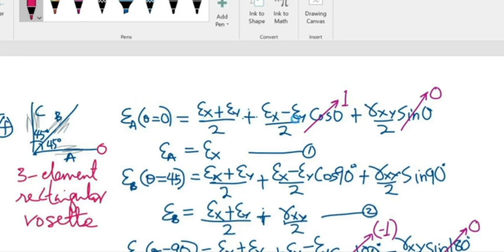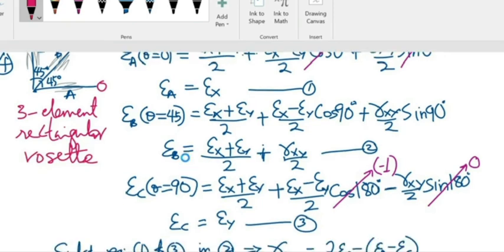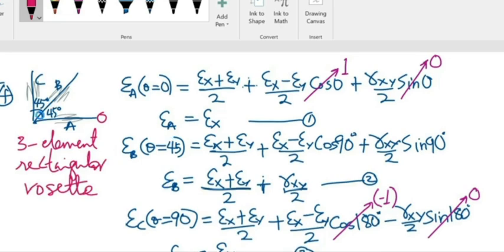So for the strain here, cos 0 is equal to 1, and sine 0 is 0. So in this case, EA exactly is equal to EX, which is one of the complex stresses, EX, for a plane stress analysis. Then the second strain gauge is tilted at an angle of 45 degrees.